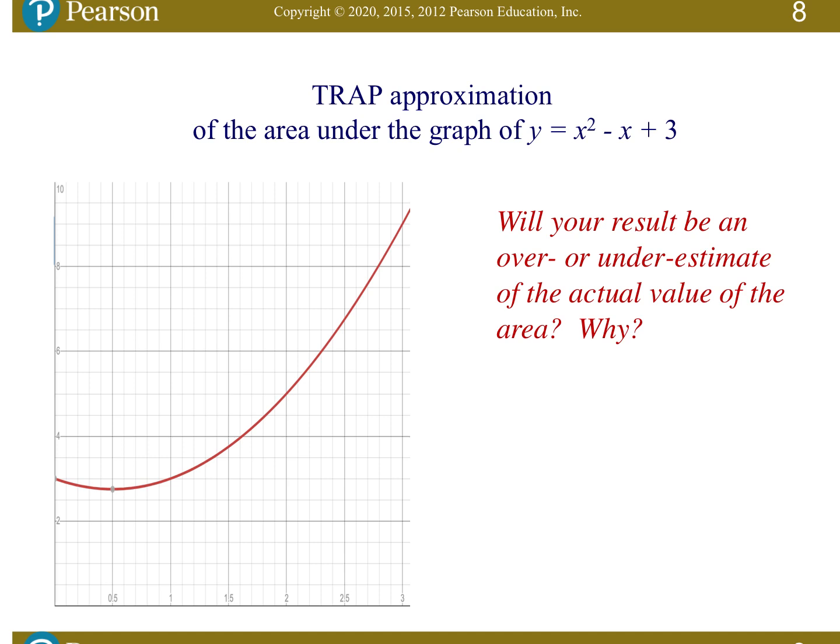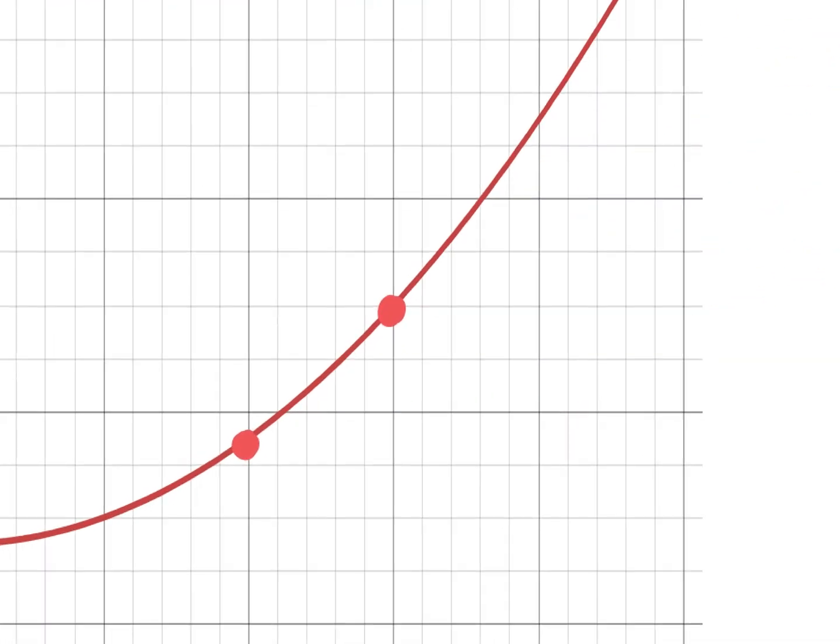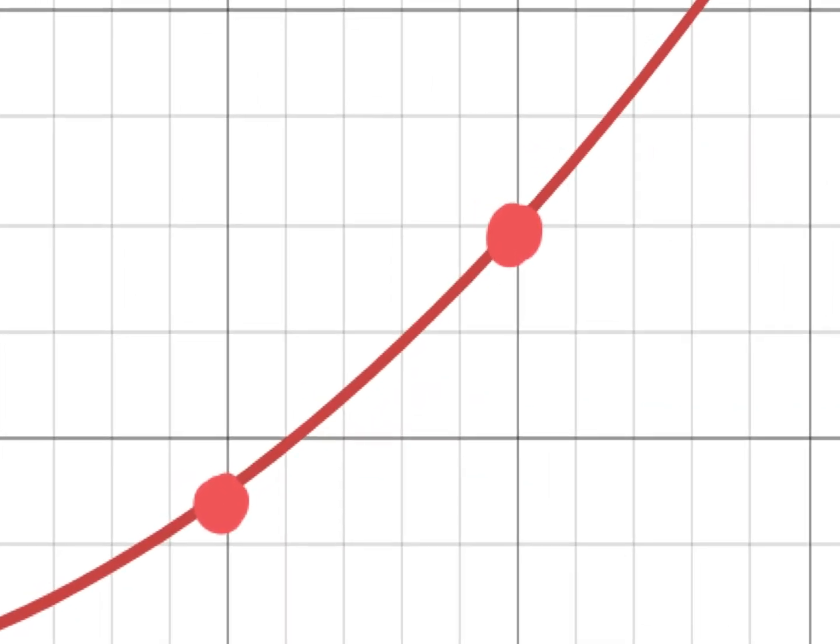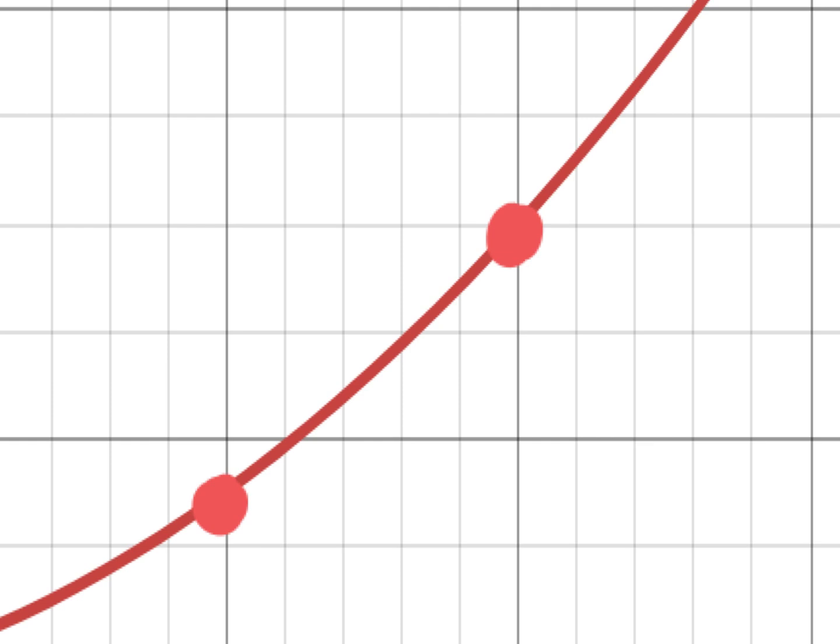So what I want you to do is, let's just take a sample trapezoid. Let's take the 2 data points right here. Let's take the data point at the 1.5 and above the 2, and we'll take a look at that. And I want you to zoom in as much as you can. And if you were connecting those two, the curve of the parabola is curving underneath the straight line.